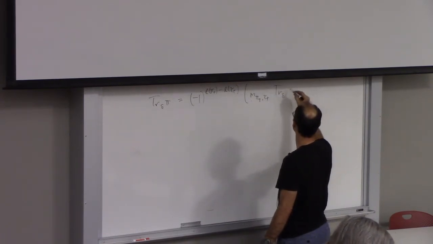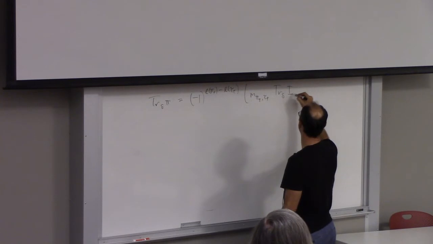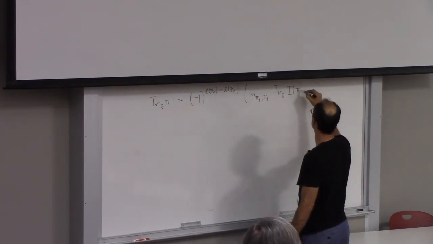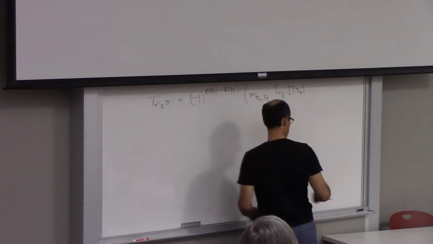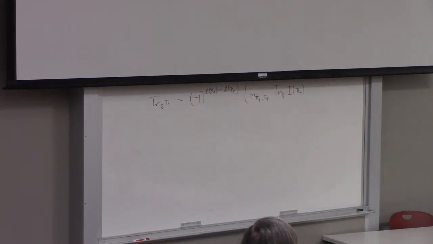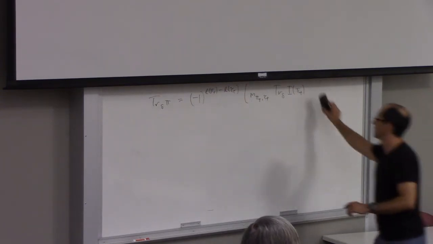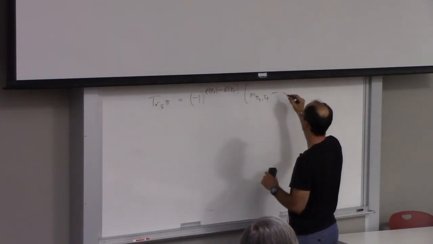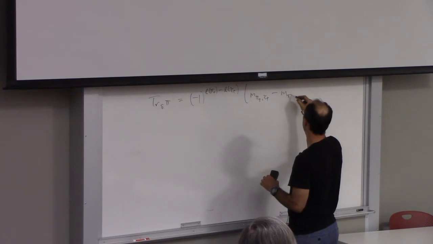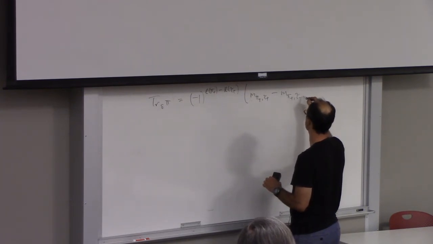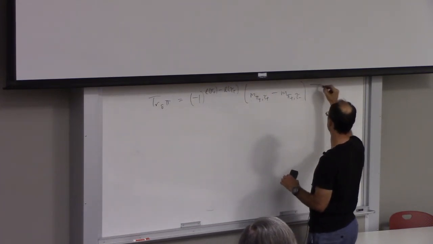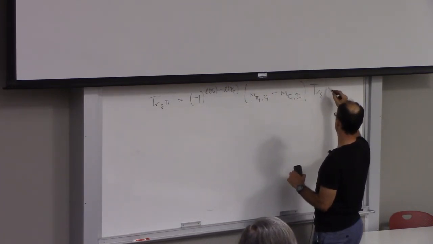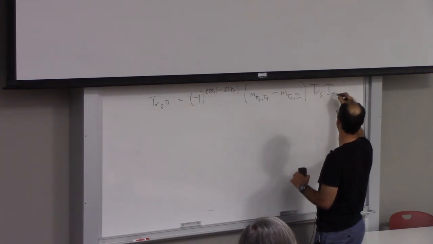Trace delta I pi plus, sorry, tau, and I wrote the wrong thing, so wrote it too soon, minus pi plus tau minus and now trace delta I tau plus.